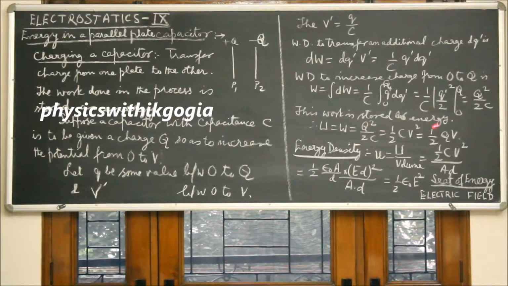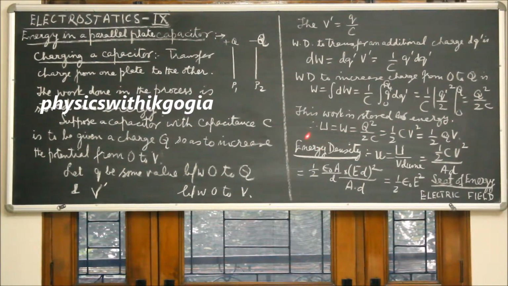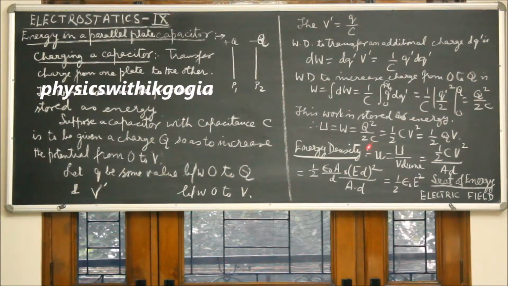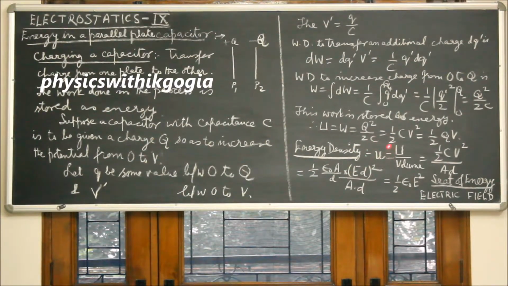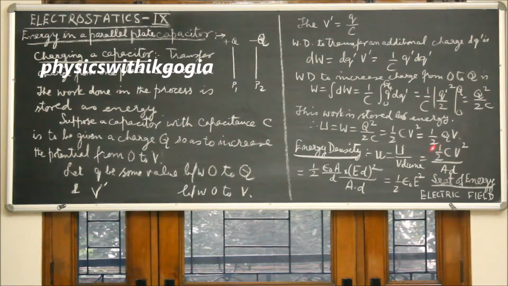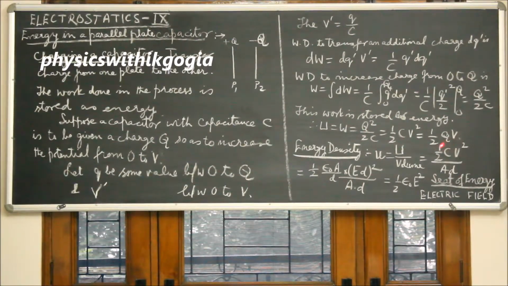This work is stored in the capacitor as energy. Therefore, capital U is equal to W equal to Q squared over 2C. Using expression Q equal to CV, you get half CV squared or half QV.